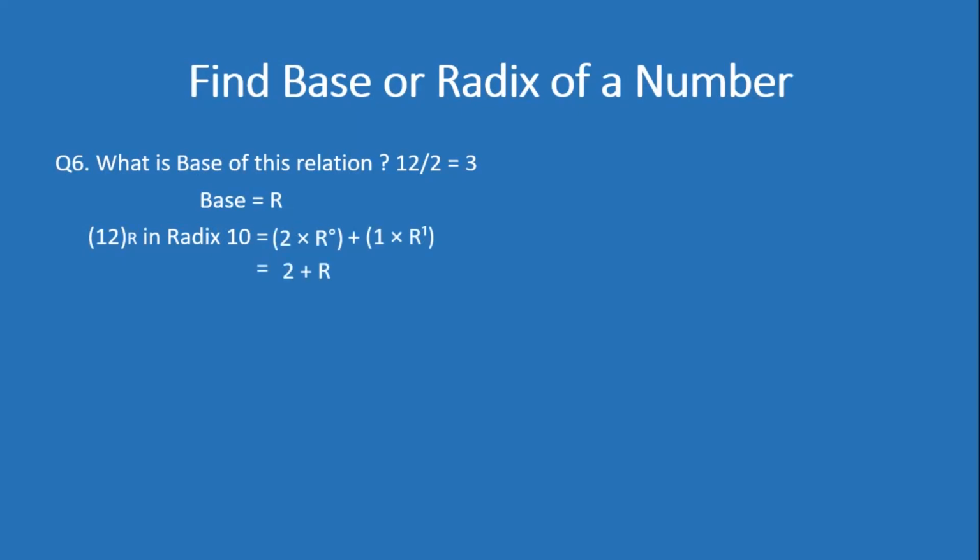So that is equal to 2 plus r. Second number 2 in radix 10 will be 2. And the third number 3 in radix 10 will be 3, as r to the power 0 means 1. Any number multiplied by 1 will be that number.